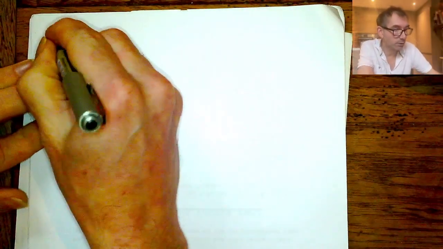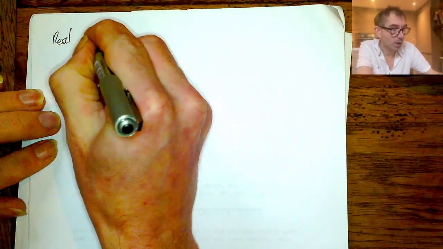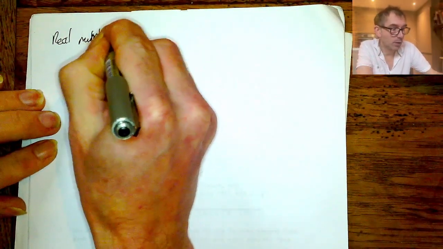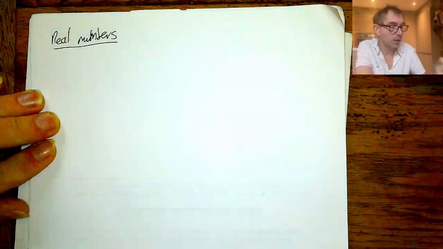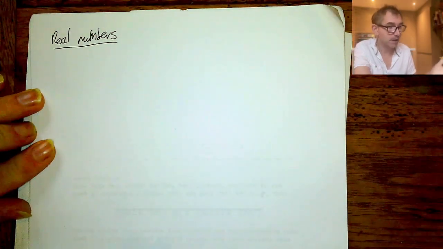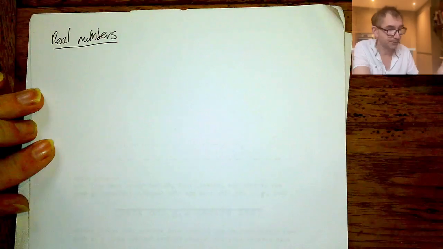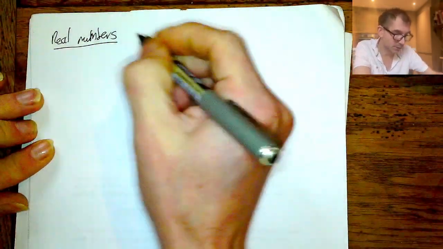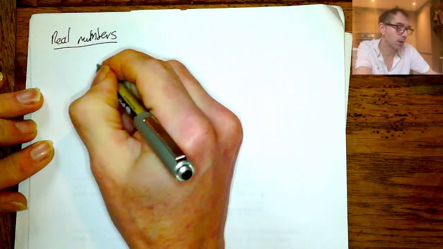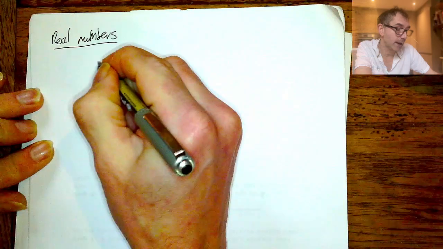So, real numbers. The way that I've been talking about them so far is just in terms of numbers with a decimal expansion. Now that's not very precise, but it'll certainly do for what we are interested in here.